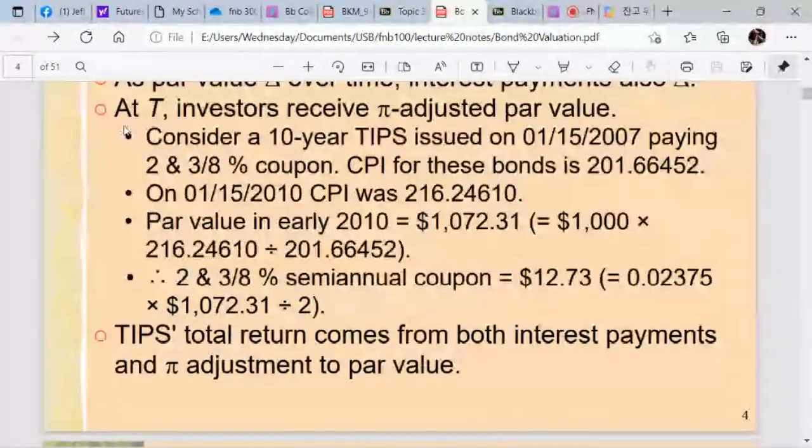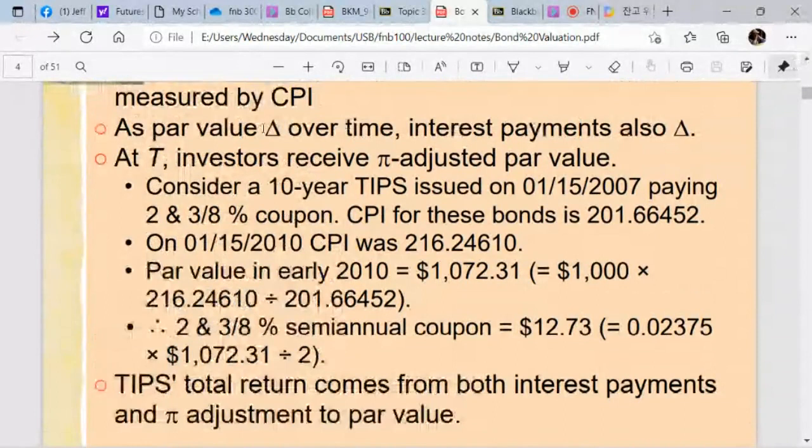At time t, they are basically making an adjustment to the par value of the bond, right? They are making an adjustment for that inflation, right? So as par value changes over time, because they adjust the par value for that inflation, interest payments also change.